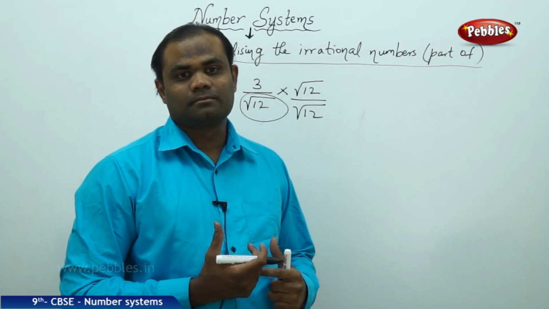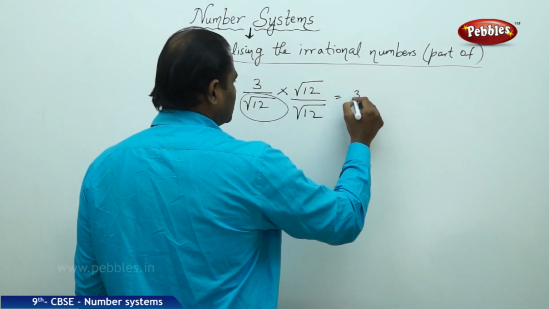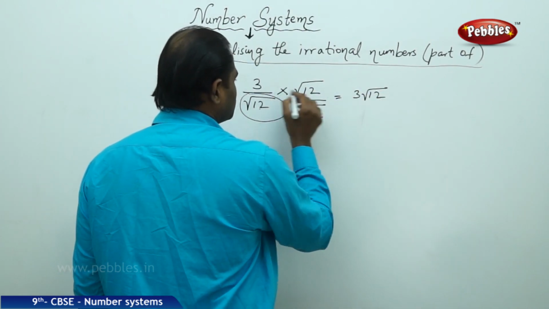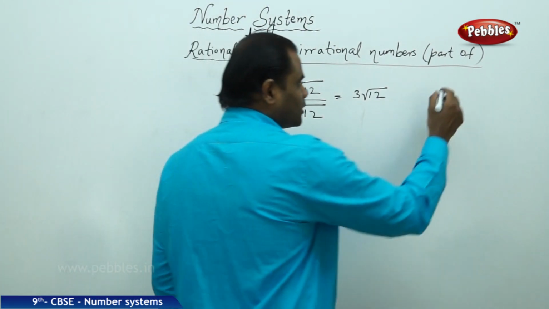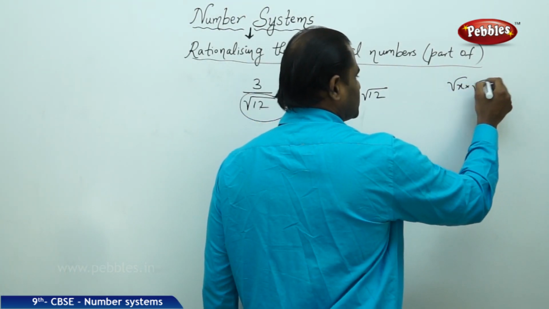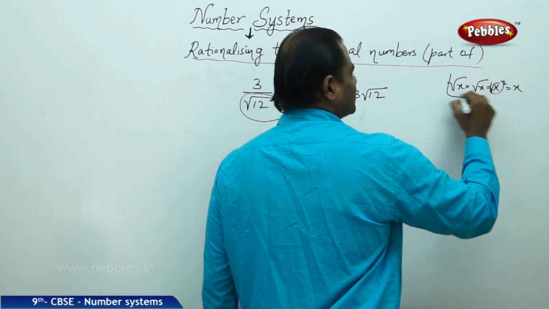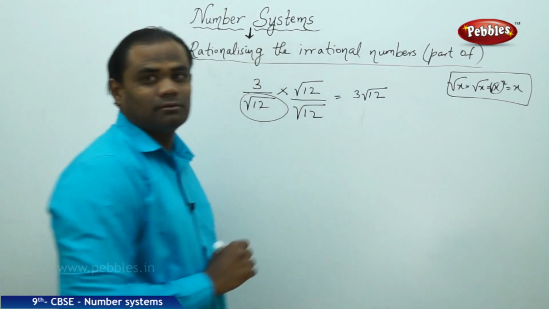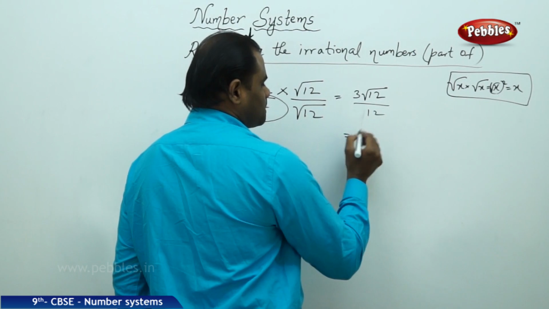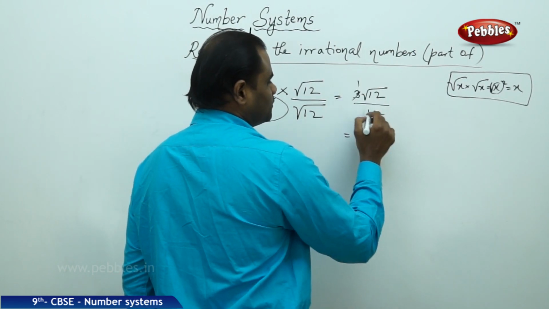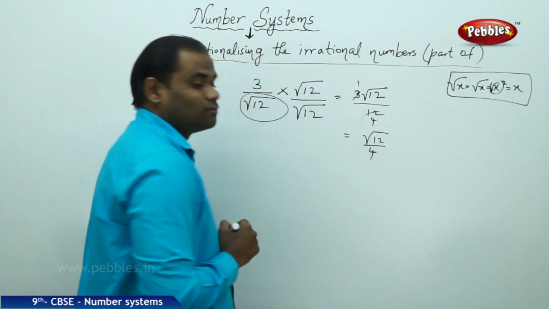So once root 12 is multiplied and divided, I get 3 root 12, and root 12 times root 12 is already known with the property root x times root x is root x whole square, which is x. Therefore root 12 times root 12 must be 12, and this can be simplified as 3 root 12 by 12, that is root 12 by 4.